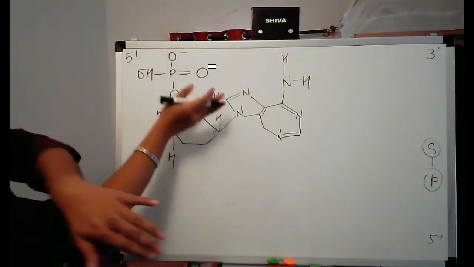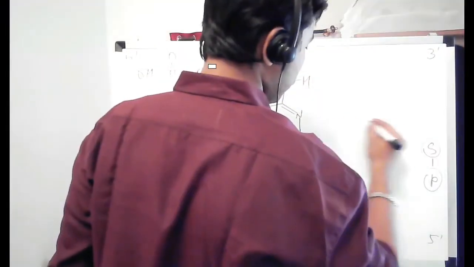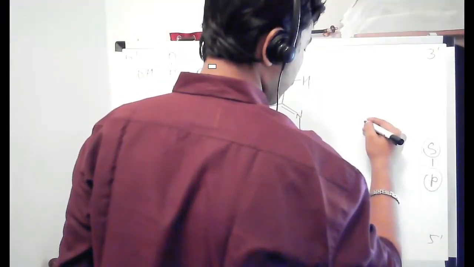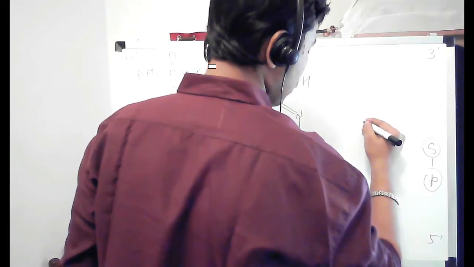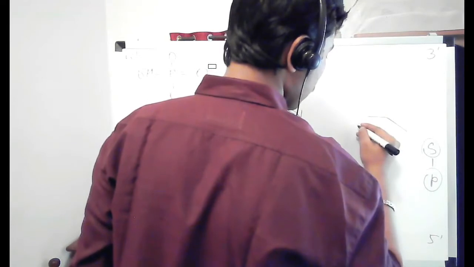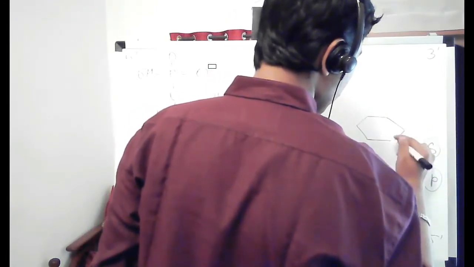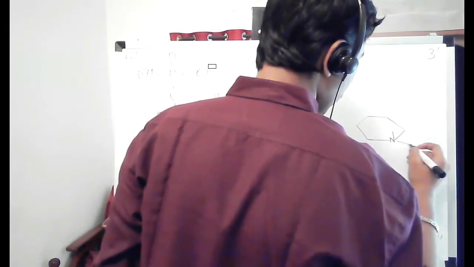If you remember the first video, how the base pairing occurs, over here we'll have the normal base pairings. This nitrogen is bound to the sugar.